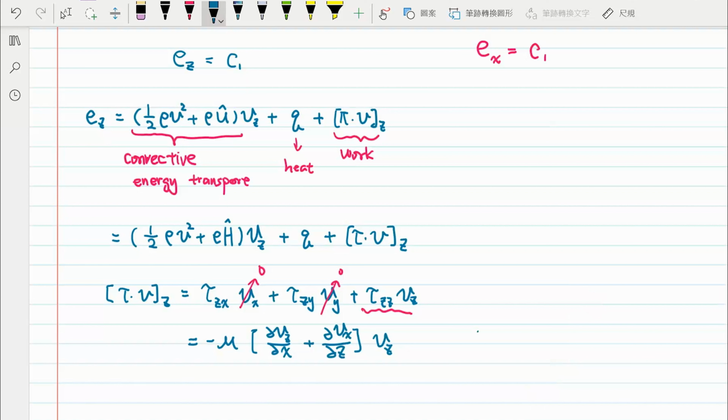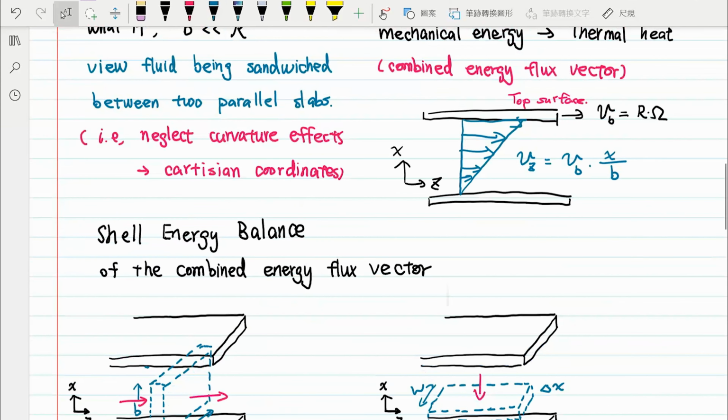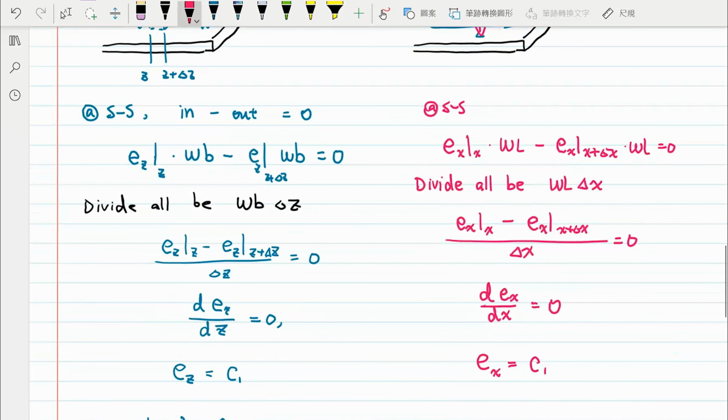I'm sorry, I would like to make a correction. So tau zz is the following. There's no shear part, so tau zz is basically partial vz partial z plus partial vz partial z, times vz. And you can know that from our statement here, if we come back to our initial, vz here is not a function of z, so it doesn't change with z.